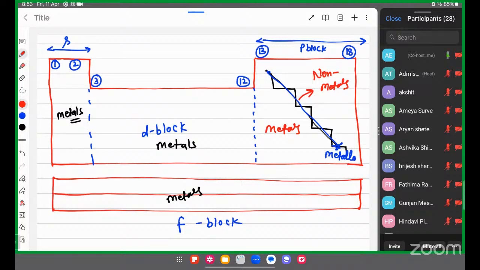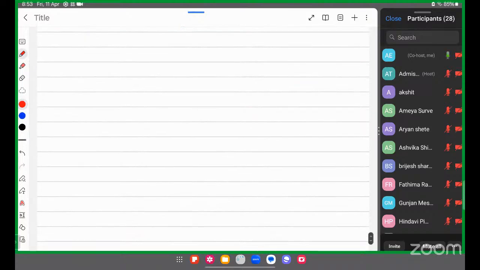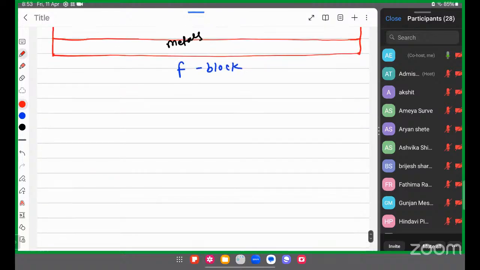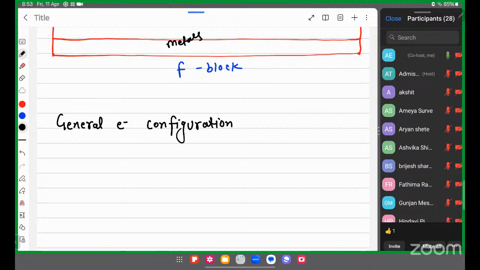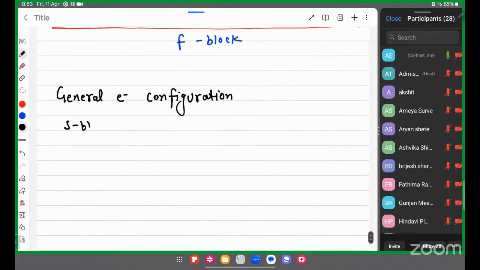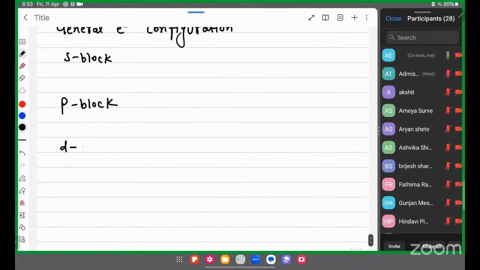Are you getting it? Now, there will be a question like, what is the general electronic configuration for S block elements, P block elements, D block elements, and finally F block elements?